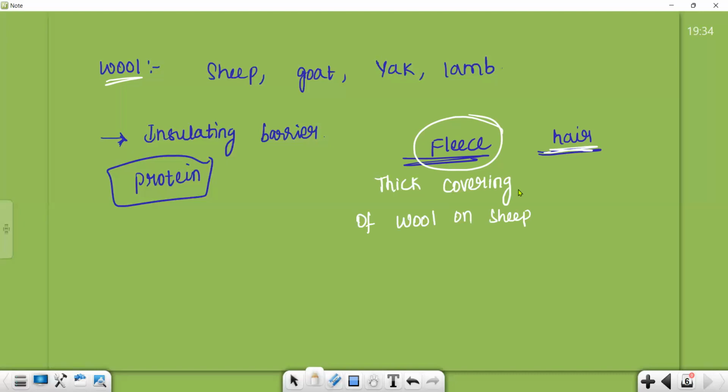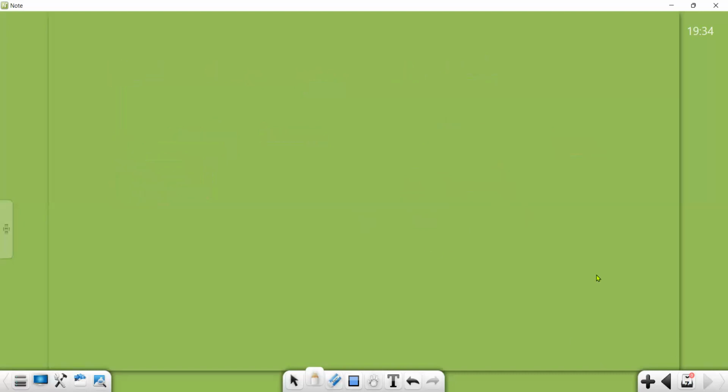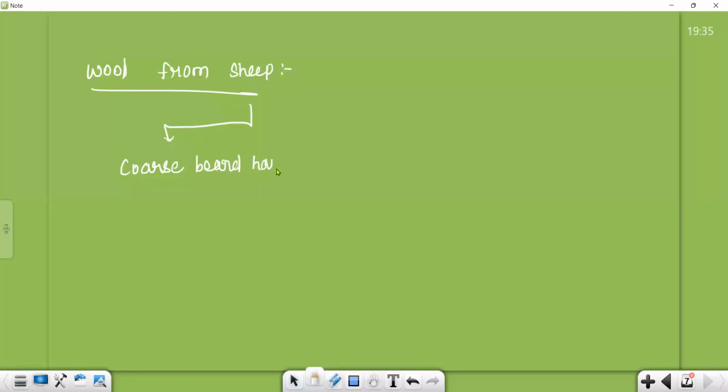Next, wool from the sheep. What are its characteristics? The sheep's hairy coat has two kinds of fibers: coarse beard hair and soft under hair.